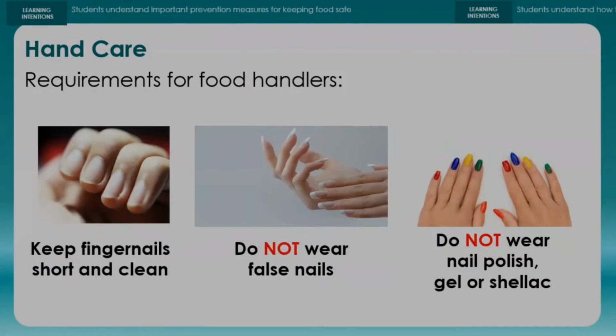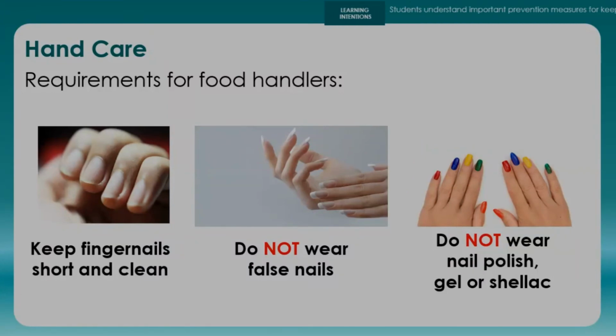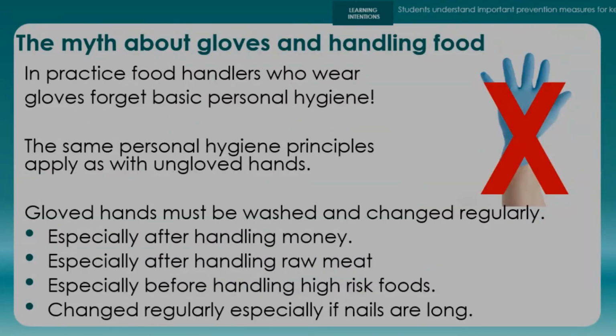The food handlers should keep their fingernails short and clean, should not wear false nails, and should not wear nail polish, gel or shellac. Now there's a myth about blue food gloves and handling of food. In practice, food handlers who wear the blue gloves generally forget about personal hygiene. The same personal hygiene principles apply to blue gloved hands as with ungloved hands.